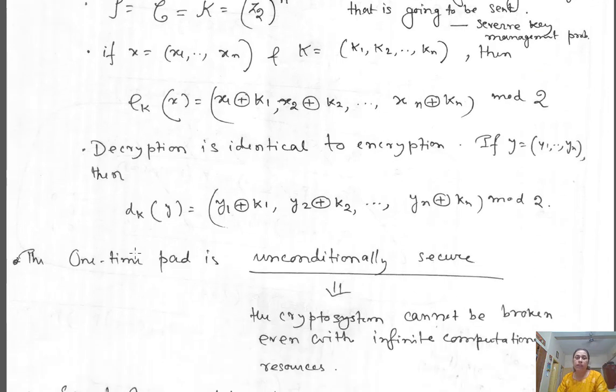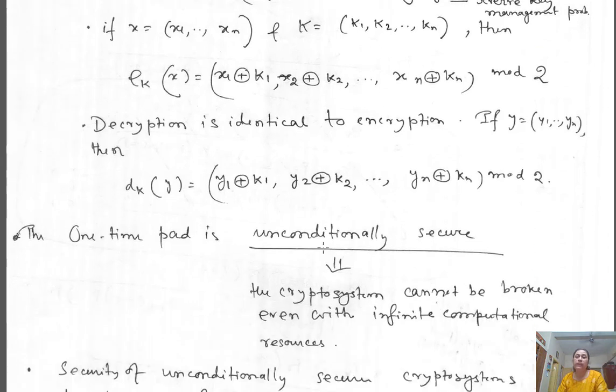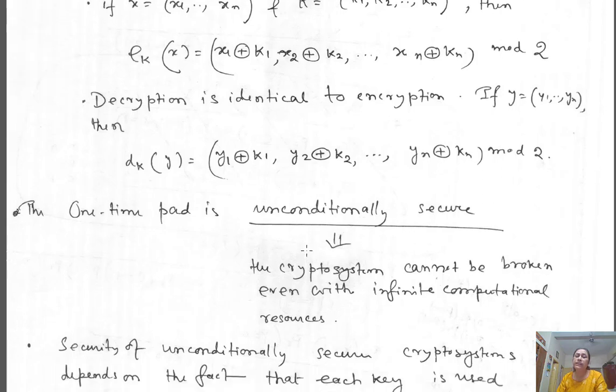However, one-time pad is unconditionally secure. What does unconditionally secure mean? We have two concepts: one is unconditionally secure and another is computationally secure. Unconditionally secure means the adversary is given infinite power. There is no limitation on how much time he can run.